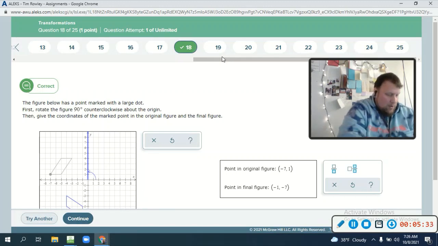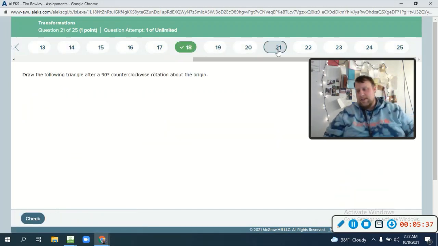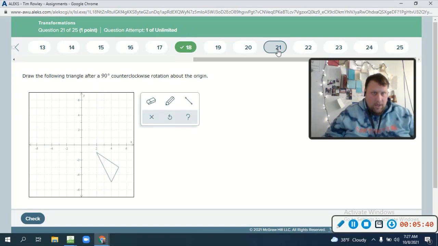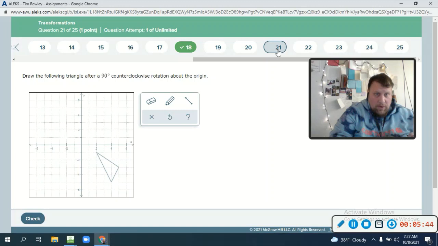Awesome. Now I would like to check out problem 21, just doing examples that are going to get us through all the information we need. Draw the following triangle after a 90-degree counterclockwise rotation about the origin. So it's counterclockwise. I'm going to write down the 3 coordinates right here.